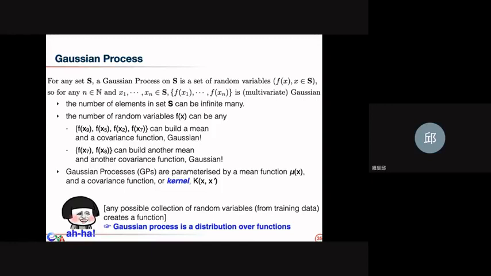It can be parameterized by the mean function, and most importantly, a covariance function, related to kernel, right? And what is a kernel? Kernel is trying to describe the similarity between your feature vectors. It's trying to describe the similarity between your feature vectors.